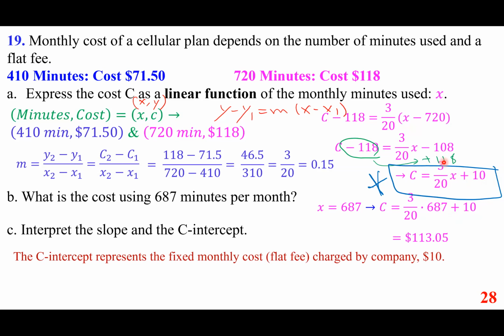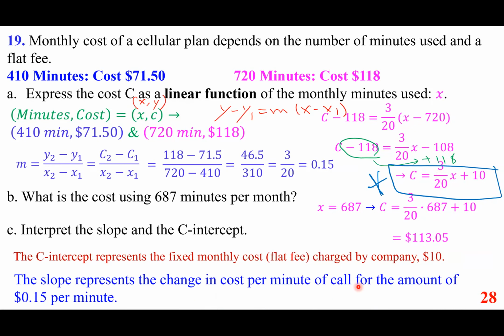So the slope, which is 3/20, or 0.15, represents the change in cost per minute of call, for the amount of $0.15 or 15 cents per minute. 3/20 is 0.15.